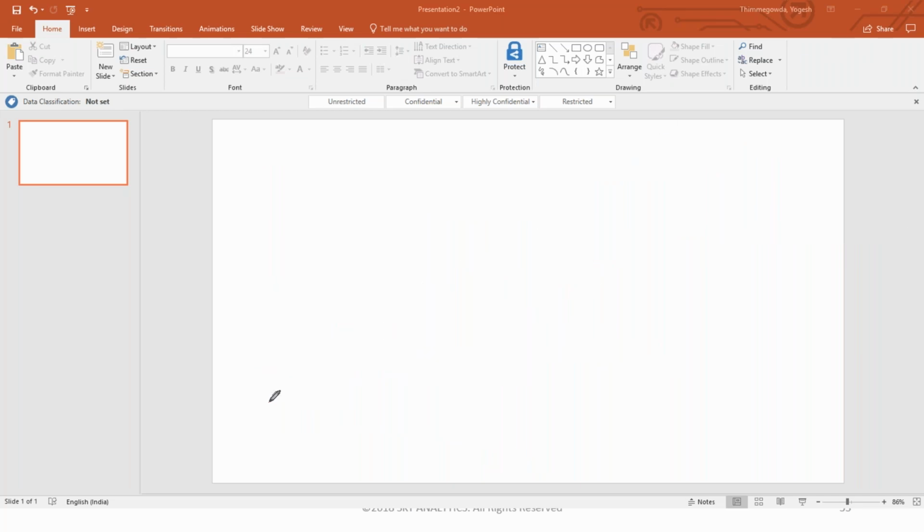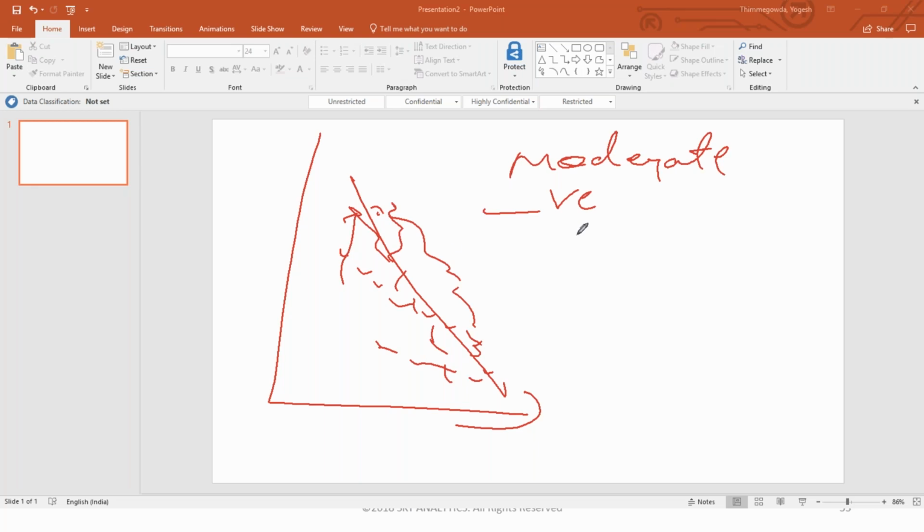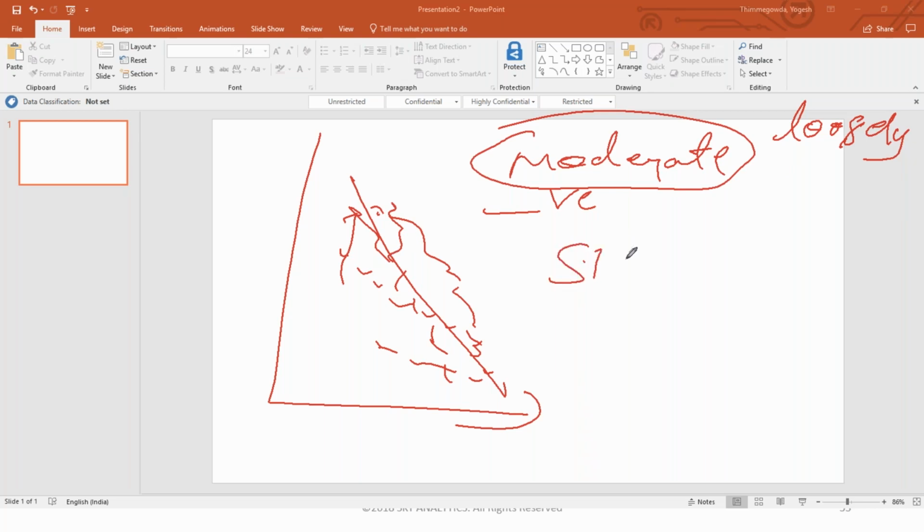Now, if it is moderate negative correlation, if your data points are loosely scattered around the straight line, then it is called moderate negative correlation. Remember one point: if it is loosely scattered across this straight line, then it is moderate correlation. If your data points are tightly scattered across this straight line, then it is called strong.